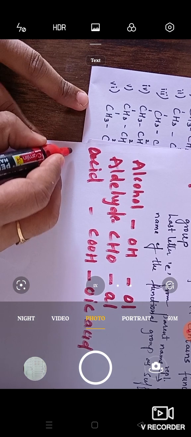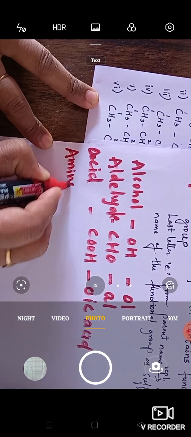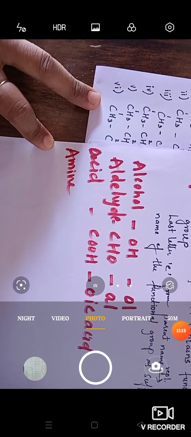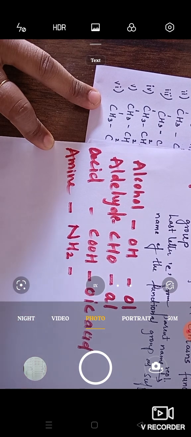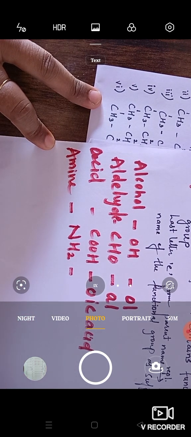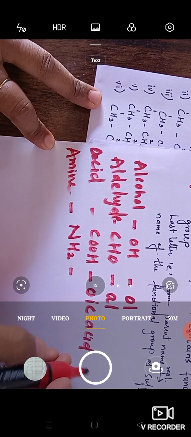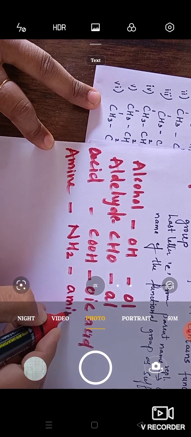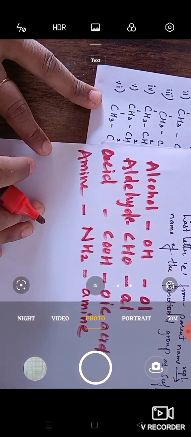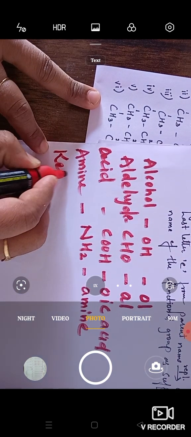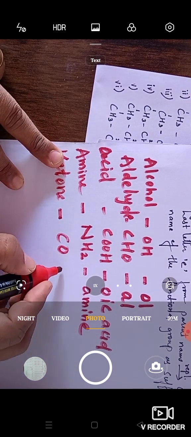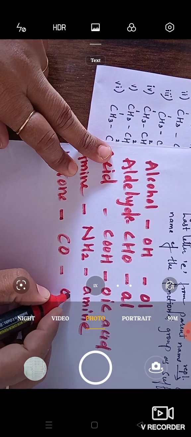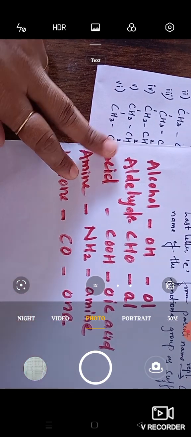If an amine functional group is present, that is NH2, then the last letter "e" of the parent name would be replaced by "amine". If a ketonic group is present, a ketone group can be identified by CO, so the last letter "e" of the parent name would be replaced by "one".